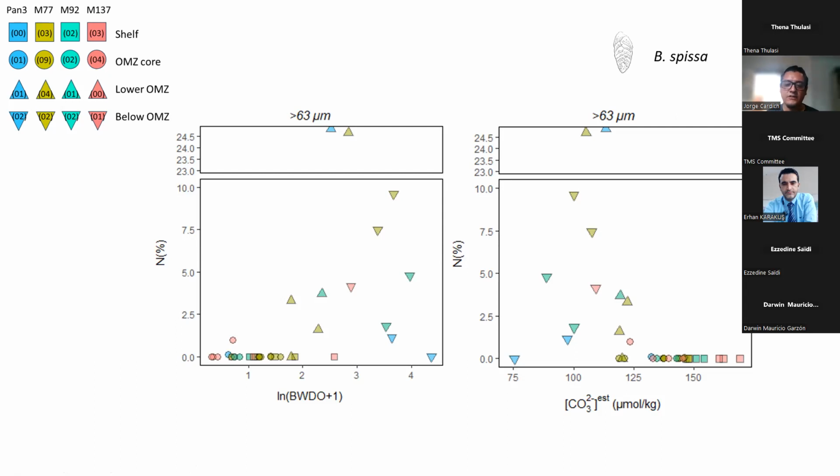It's a good indicator of changes of oxygenation, but the numbers of Bolivina spissa, the changes in time, might need to be studied in parallel with other parameters such as porosity and other morphological features, maybe to understand and interpret these differences. But Bolivina spissa apparently is detecting some variability in these deep areas.